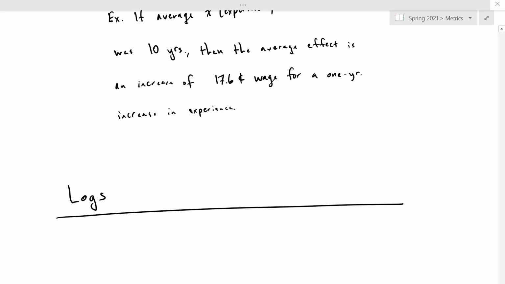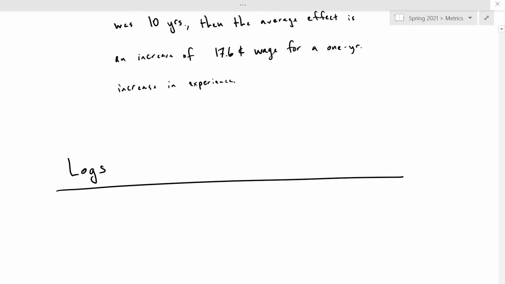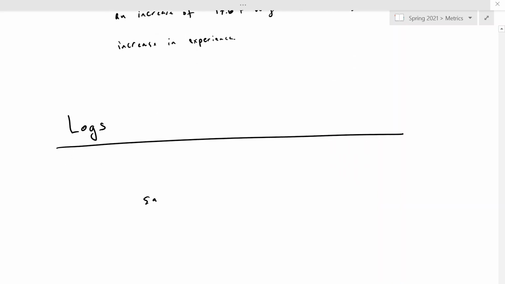If you have a salary that's a function of return on equity, then when return on equity changes, salary changes by some dollar amount. Once we start adding logs in here, some of these we'll interpret as percentages, and that becomes very useful in many applications as well.